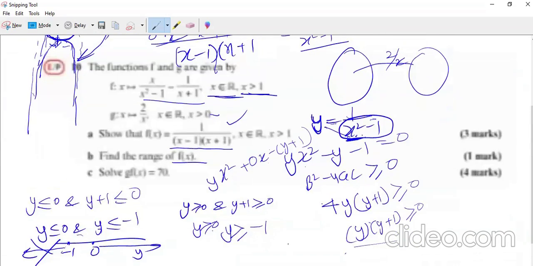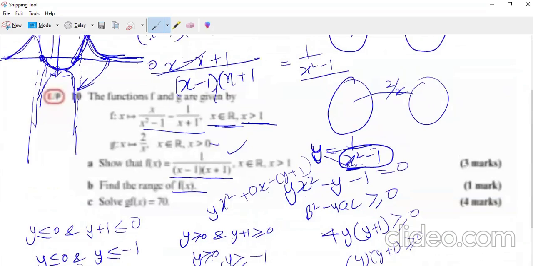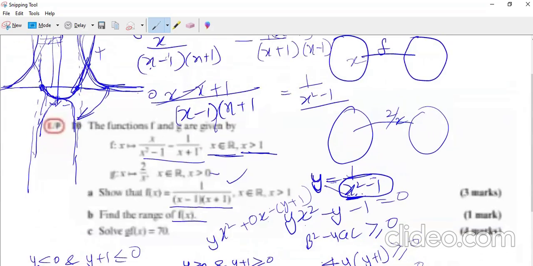It can't be equal, because x is greater than 1, so it has to be greater than. So this y will never come out to be 0, and you keep on increasing it. So you can see from this graph also it's not coming. All right.